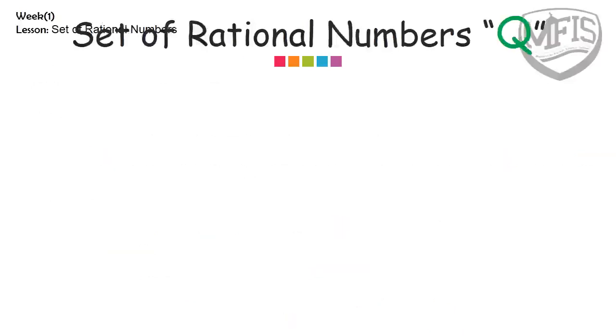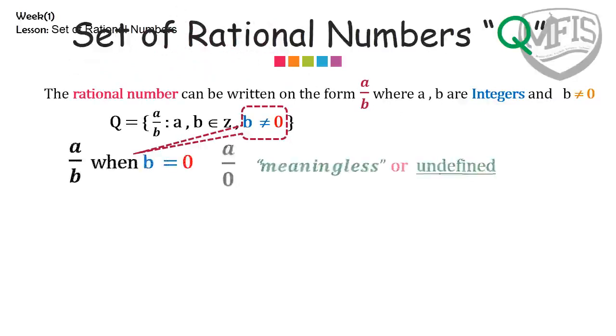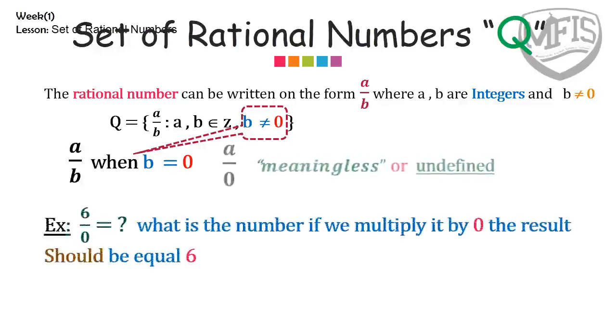Okay guys, let me go back to the main criterion of the set of rational numbers, and let me focus on b not equal to 0. What will happen if b equals 0? Okay, a over 0 means a meaningless or undefined number. Let me give you an example. 6 over 0 equals what?